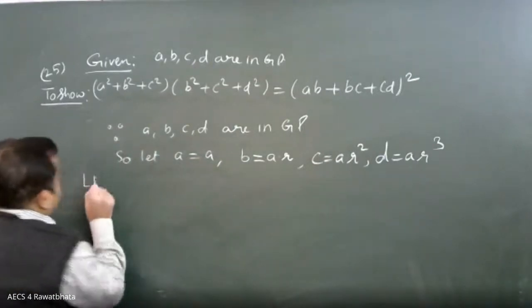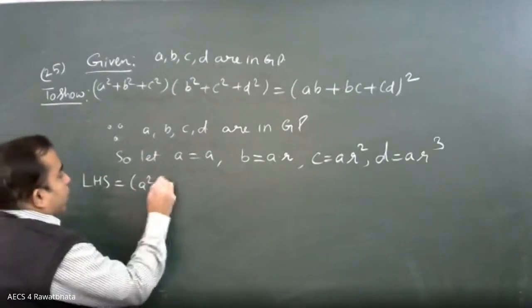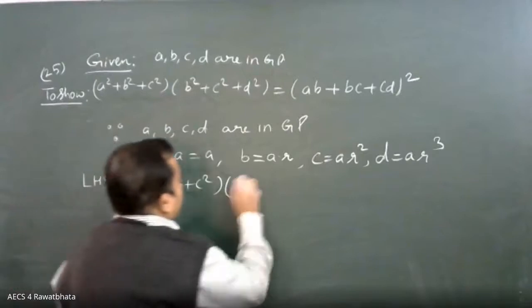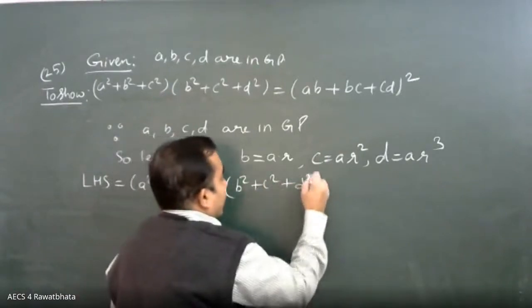Begin with LHS. The left hand side is (A square plus B square plus C square) multiplied with (B square plus C square plus D square).